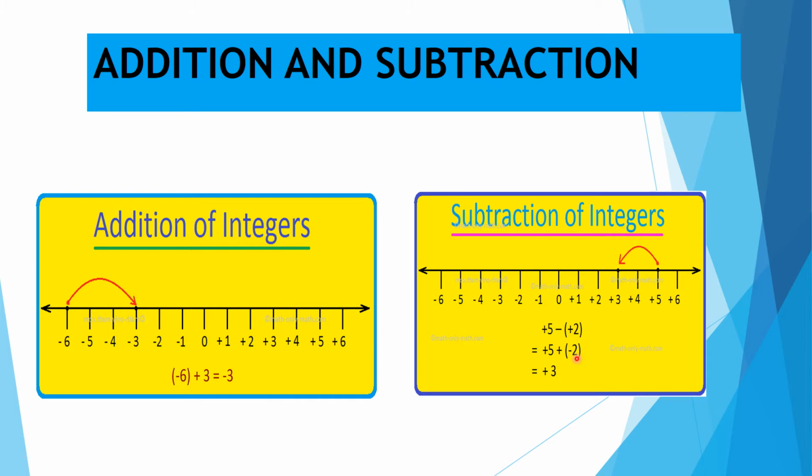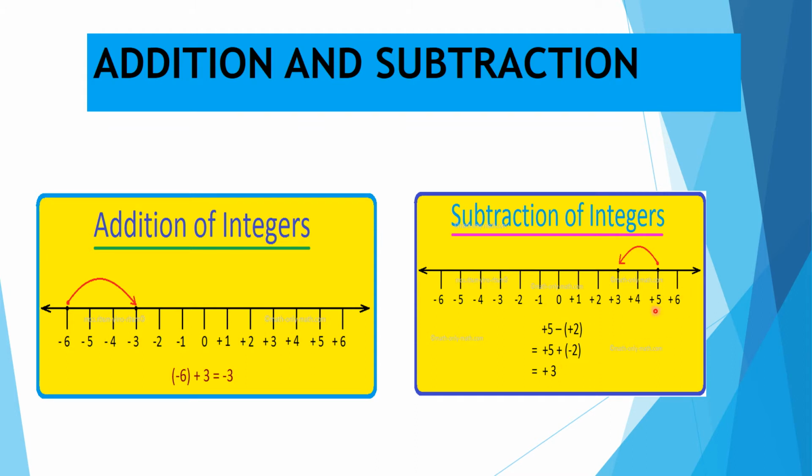So now let us see how we do it on a number line. Plus 5. So you are moving 5 steps from 0 to the right side. Now plus minus 2. When you are going to minus 2, you will move to the left side. So you will move 2 steps to the left side.